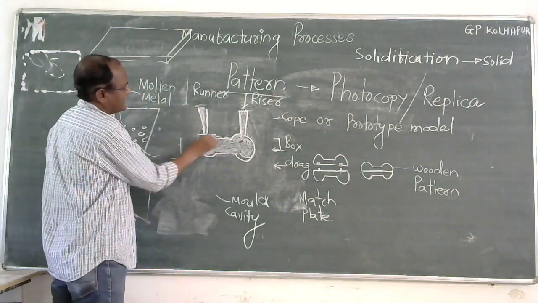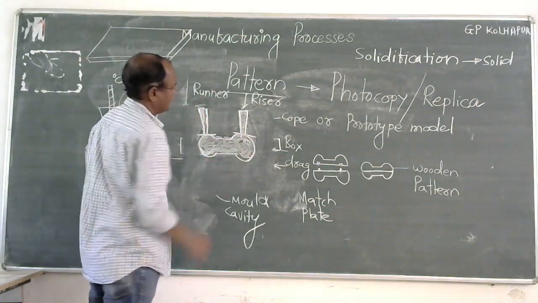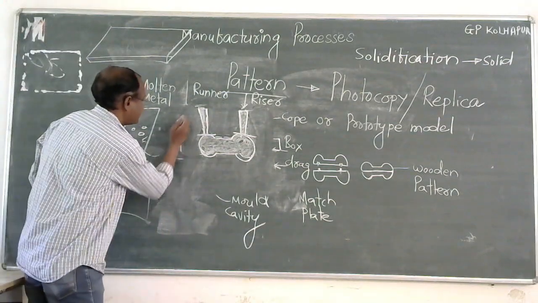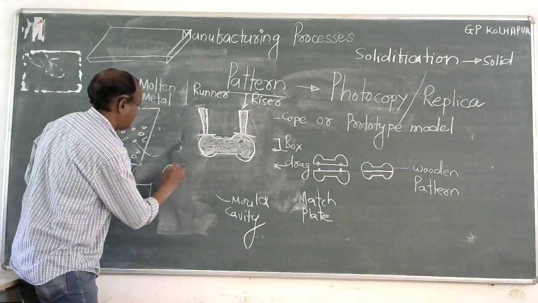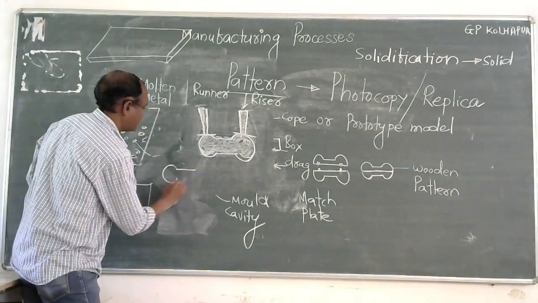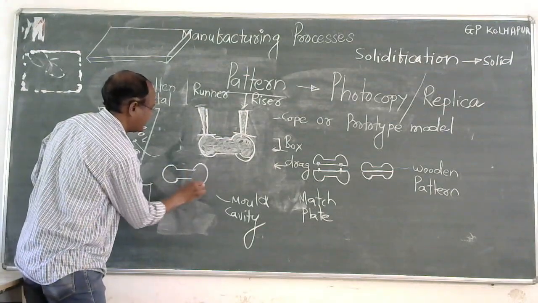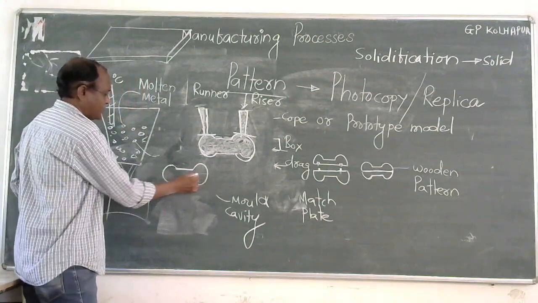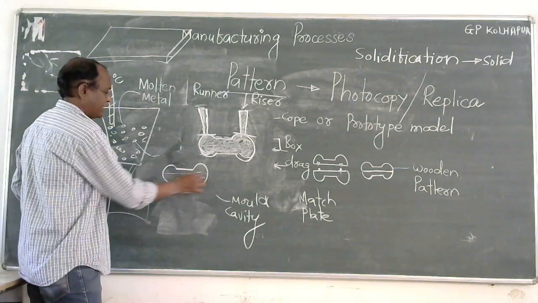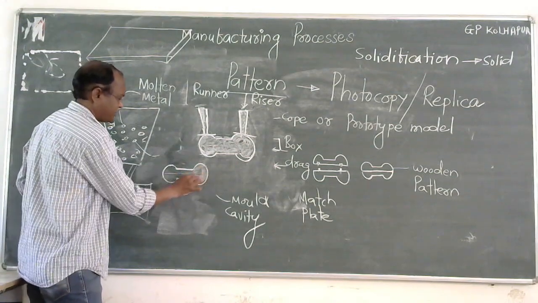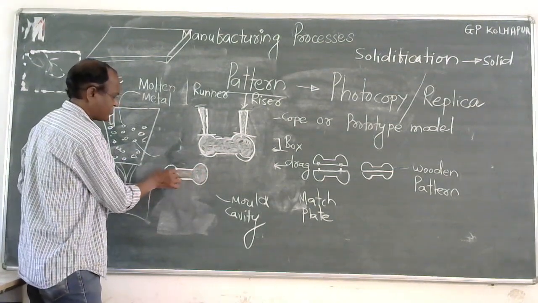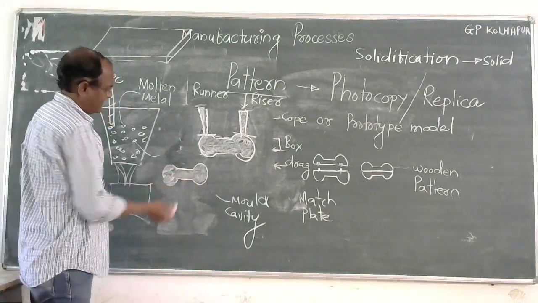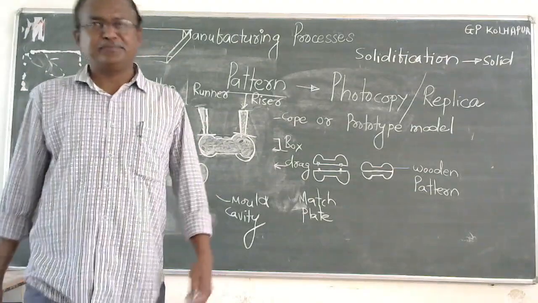Now cut the runner and riser by a cutter. At the last, you will have a solid manufactured from cast iron. So this is the dumbbell manufactured from casting. Some parting line will be there. You find this parting line. So finish it by some finishing processes, some grinding needs to be carried out, and we will have the dumbbell.